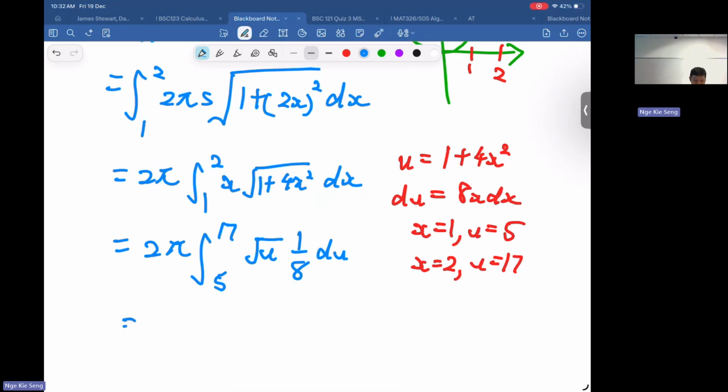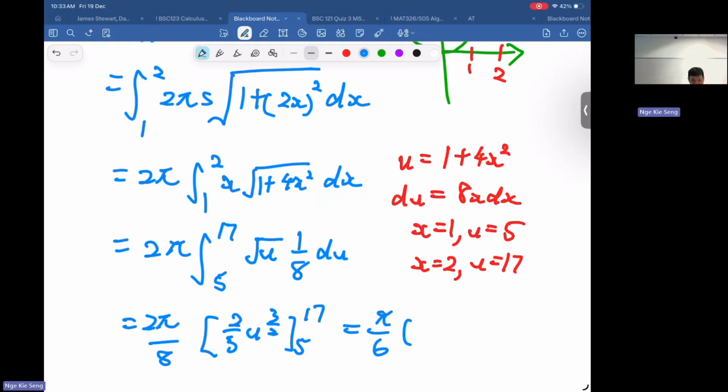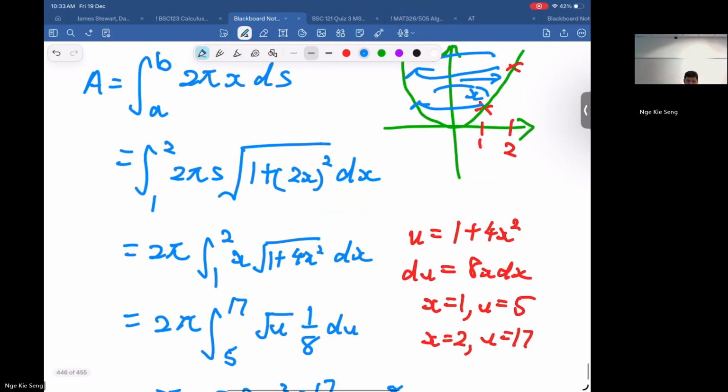Okay, then this becomes very easy to integrate. So this computes to something not as pleasant: pi over 6 times 17 times the square root of 17 minus 5 times the square root of 5. So a lot of radicals coming up. Okay.